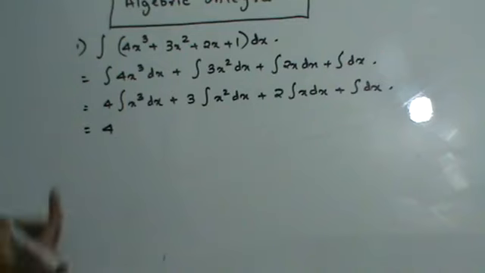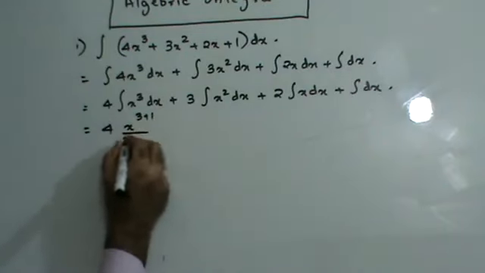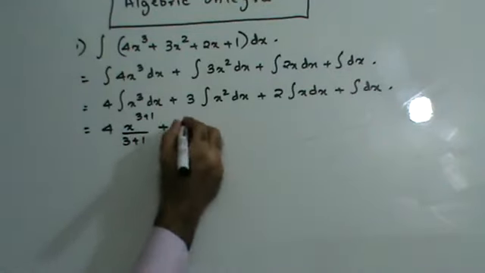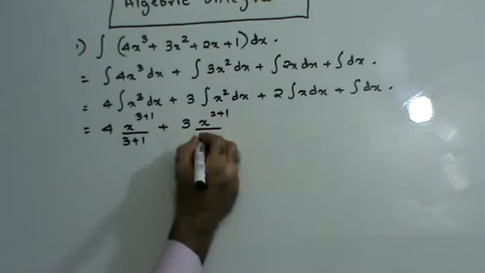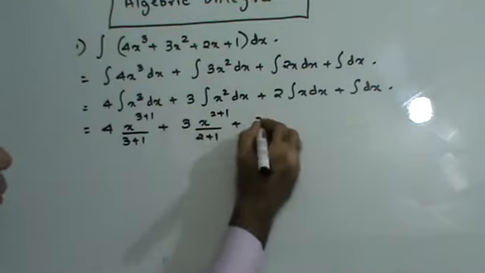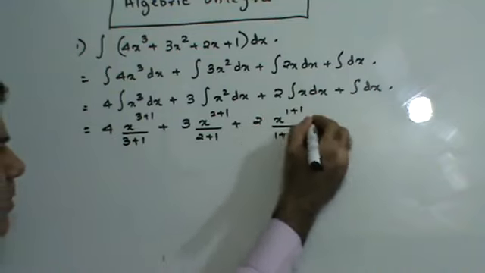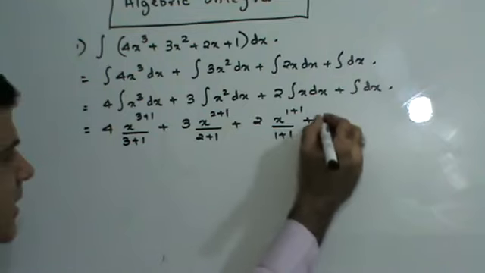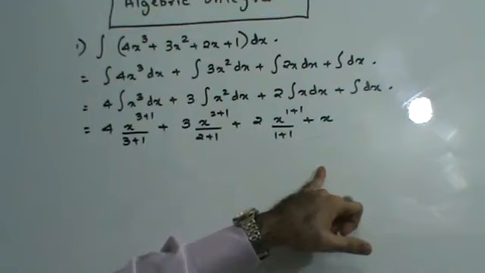For this I will be using the second formula, the integral of x raised to n, which is x raised to n plus 1 upon n plus 1. Integral of x cube is x raised to 4 upon 4. Integral of x square is x cube upon 3. Integral of x is x square upon 2. Integral of dx is x. Now all the formulas would have had a c.